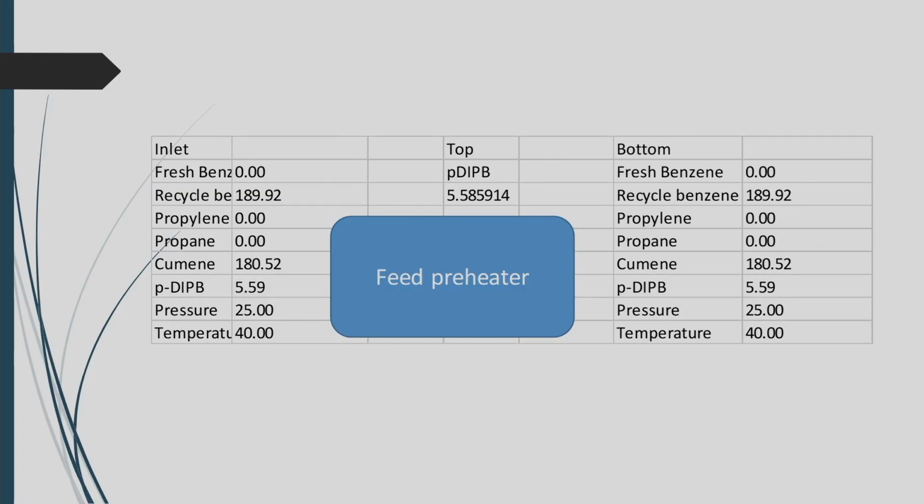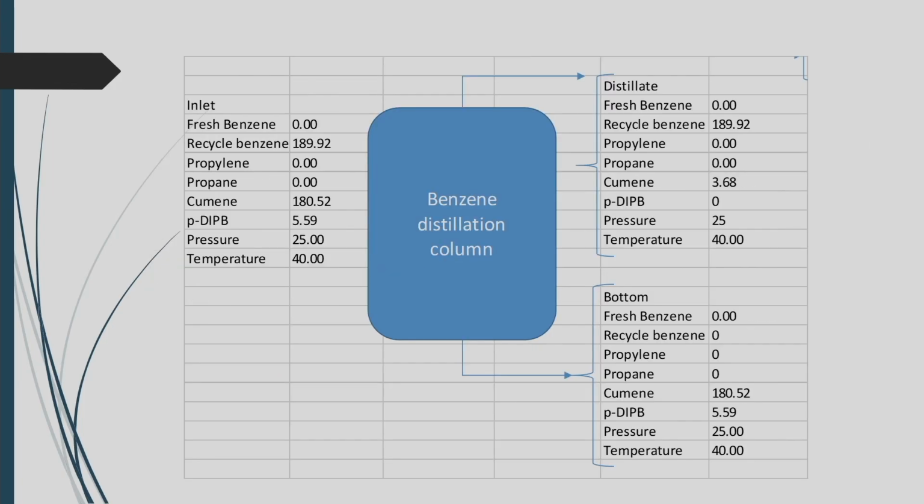And then the same amount of inlet of the feed preheater from the separator will come out of the feed preheater after preheating, and then it will go to the benzene distillation column, where only recycled benzene and cumene and a small amount of PIDP will be separated, whereas in the top product of this benzene distillation column, it will be only recycled benzene and a small amount of cumene, and the bottom product, the main product, that is cumene, will come out along with the byproduct.